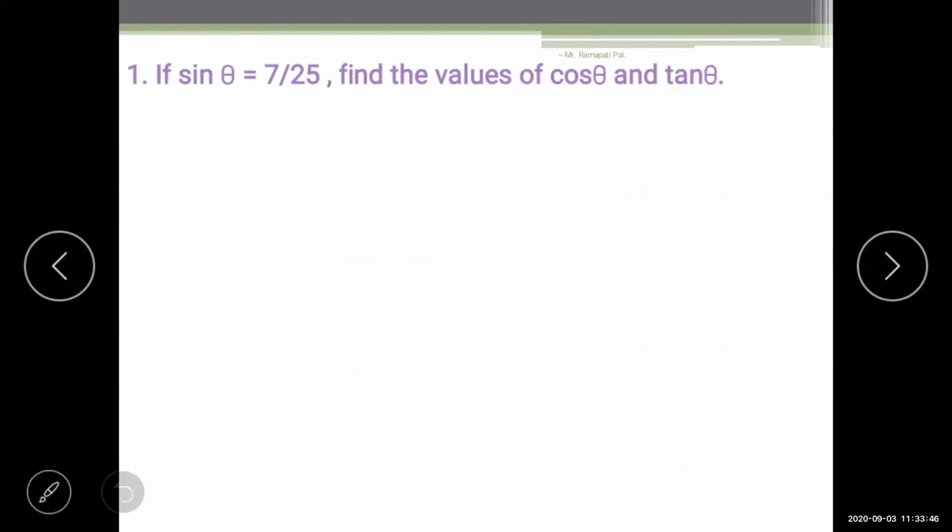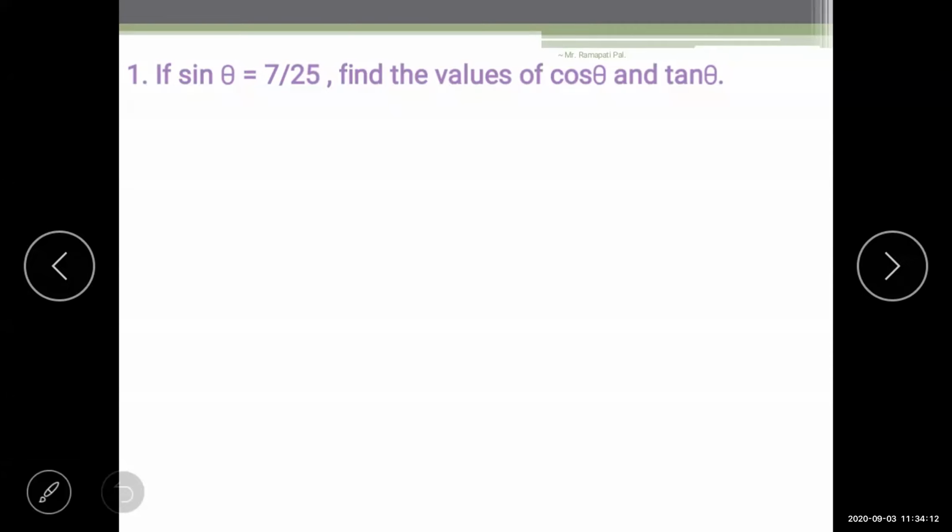Find the value of cos theta and tan theta. We are going to use an identity. Now the value of sin theta is given. So which identity are we going to use here? Yes, sin square theta plus cos square theta is equal to 1. Correct. With this identity we are going to solve it.